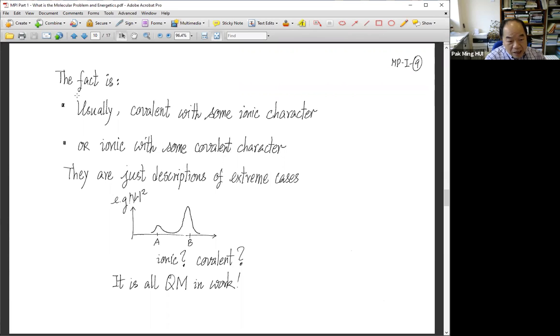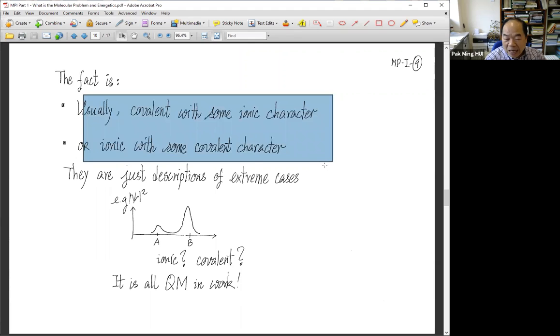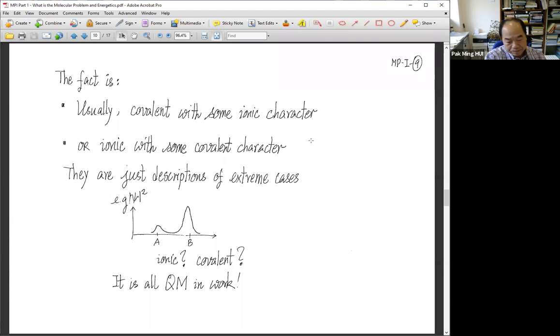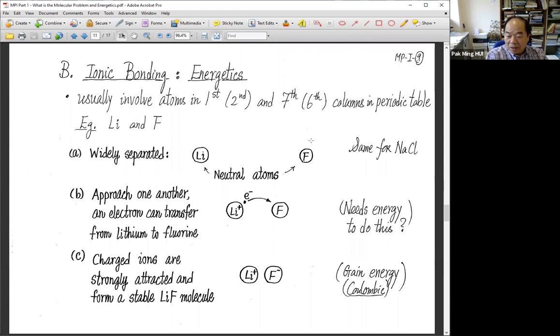Actually, these are the most common situations, instead of 100% ionic or 100% covalent, which is not usually the case. So that ends the introduction. The second part, we will just do something simpler than quantum mechanics. We will do some energy accounting.